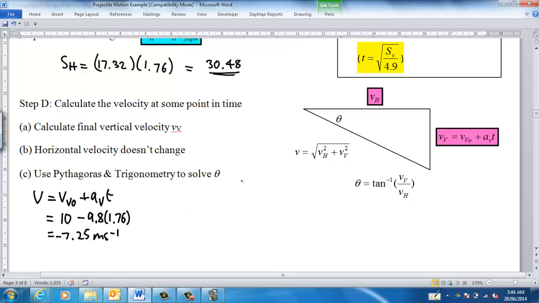And then to work out our velocity is going to be equal to square root of the horizontal velocity, which is going to be 17.32. Remember, that's not changing. And then it's going to be plus 7.25 squared, and that will give us our velocity at that particular point.